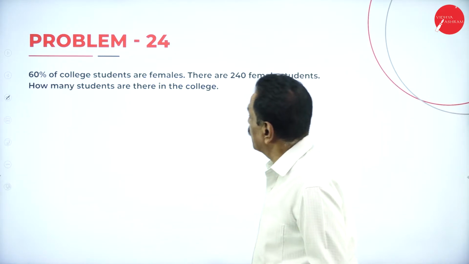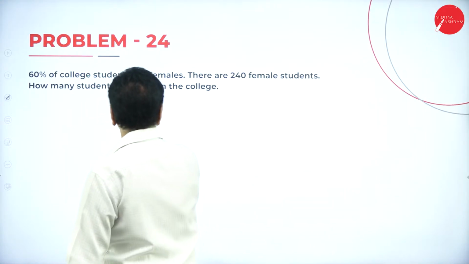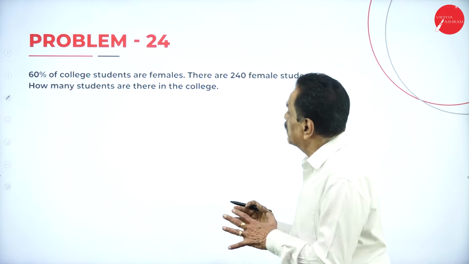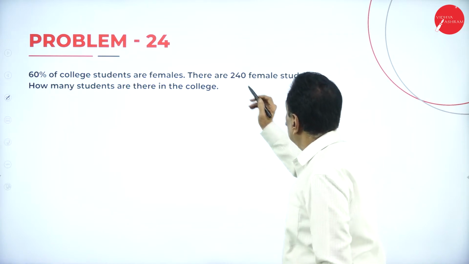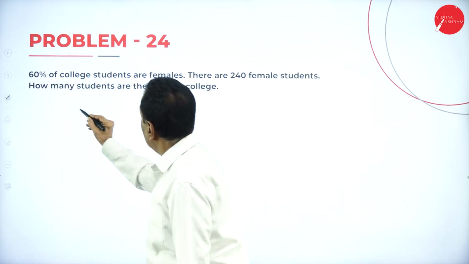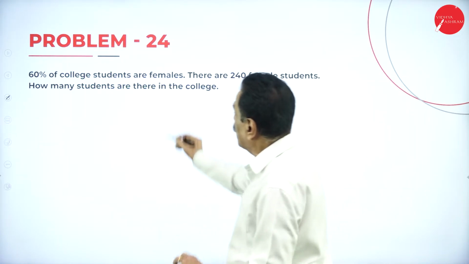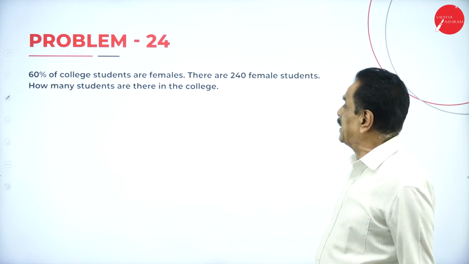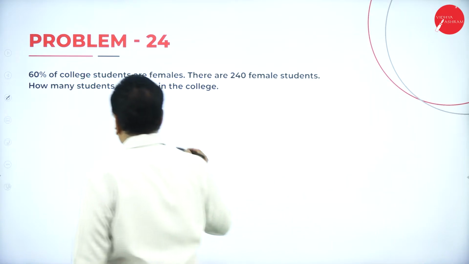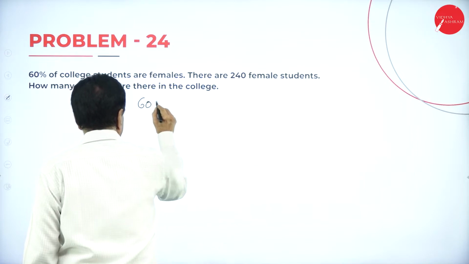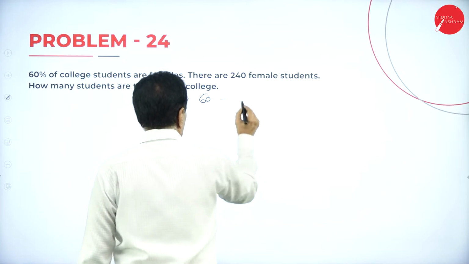Then we'll move on. 60% of college students are females, which means another 40% are males. There are 240 female students. How many students are there in the college? 60% is equal to 240.